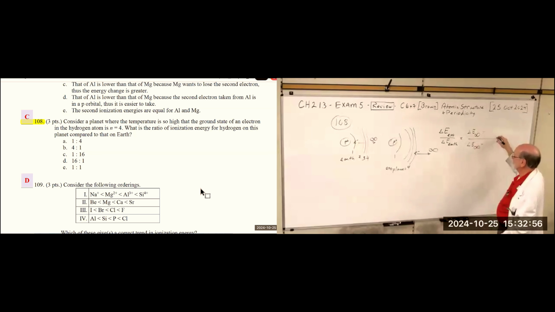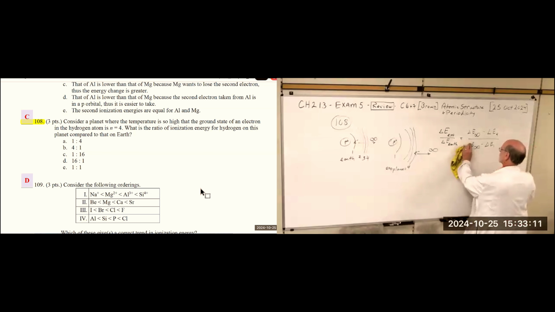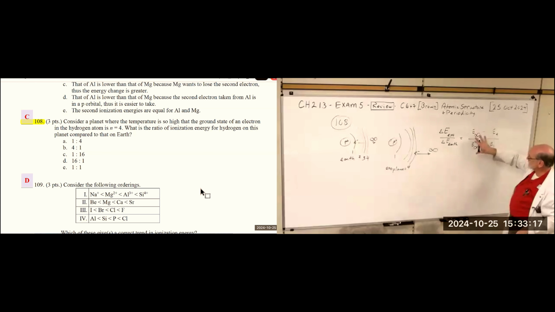That's final minus initial. So the energy of the exoplanet now is going to be 4, and this is going to be the energy of 1. Okay. Actually, it's not delta. These are absolute values. The energy at it. So if infinity is the same, we're only interested in the ratio of these two.